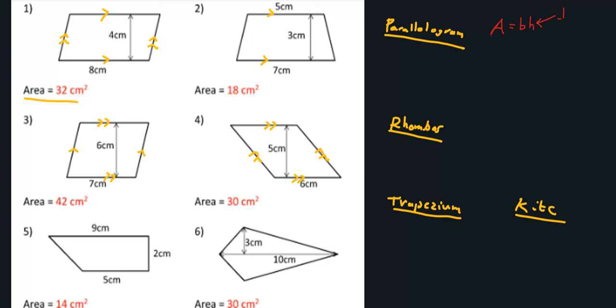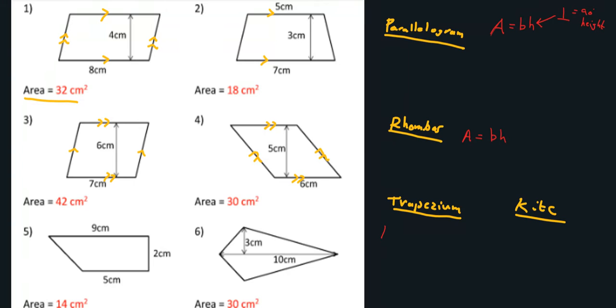It's a really common misconception. This is the perpendicular height, and this means 90-degree height. And we can do that for all of them. The rhombus, the area is the base times the height.